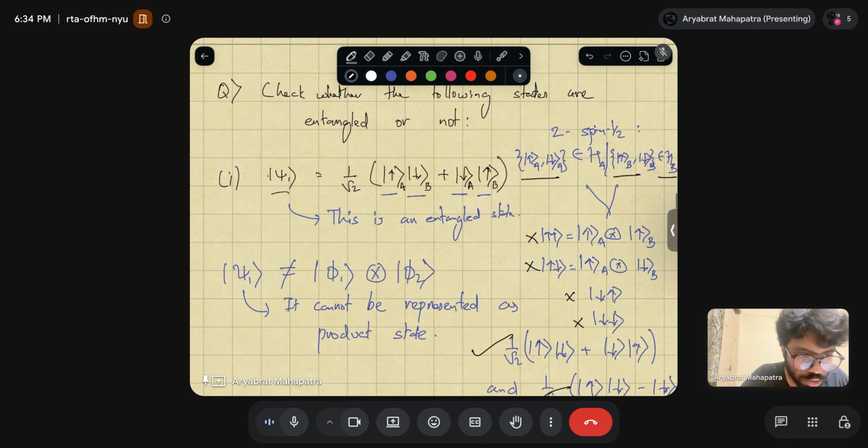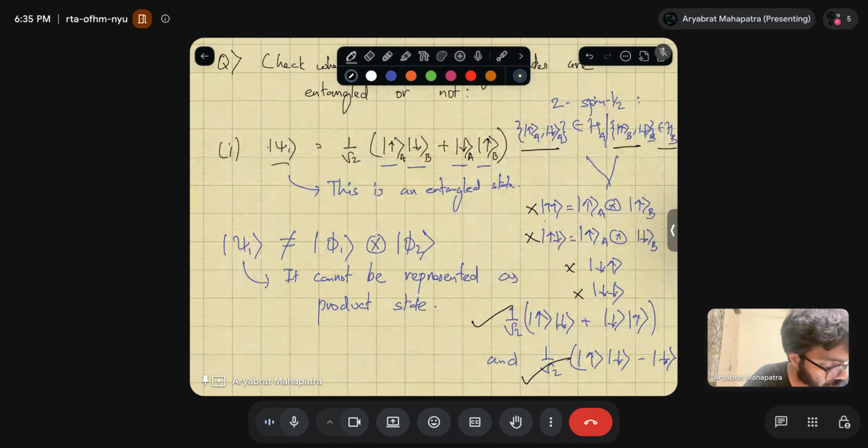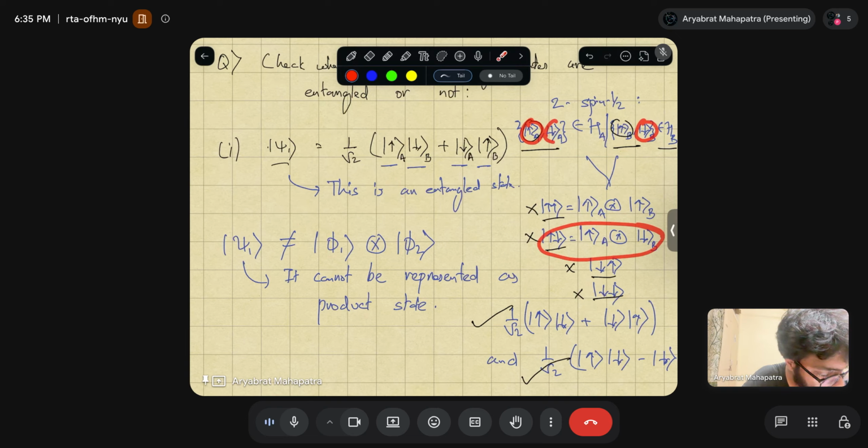But when we bring these two spin half systems together, we can get different combinations. If we bring one spin system, which has upstate and downstate, and the other spin system, which also has upstate and downstate, then taking this and this we get this system over here, taking this and this we get this system, and if we take the last two pairs we get this.